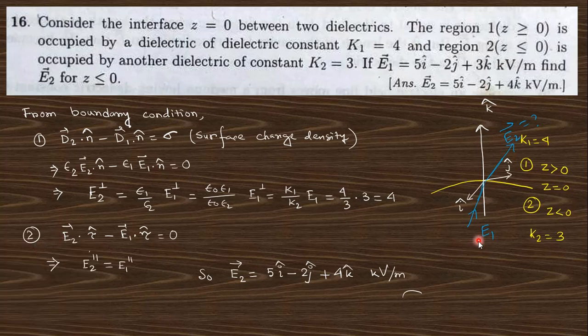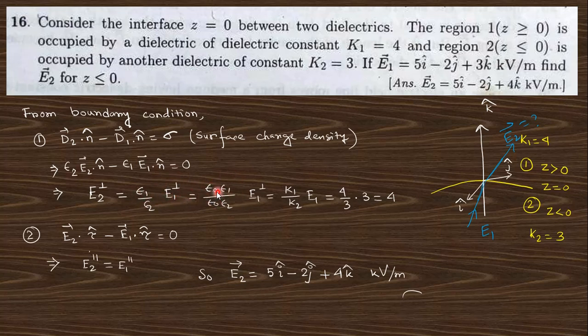For that you need to know two boundary conditions. The first one is that the normal component of the displacement vector equals the surface charge density. Since there is no surface charge density, this will be 0. The displacement vector can be turned into the electric field by multiplication with epsilon. So the normal component of the electric field in region 2 equals epsilon 1 by epsilon 2 times the normal component of the electric field in region 1.